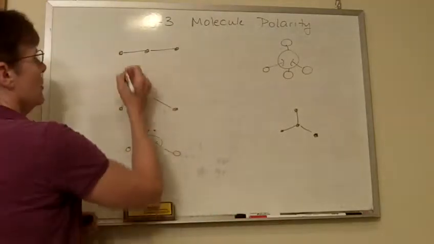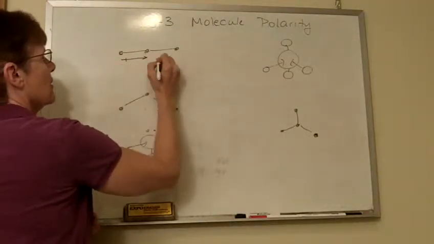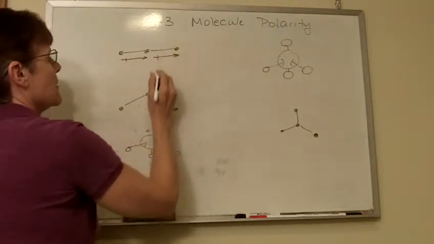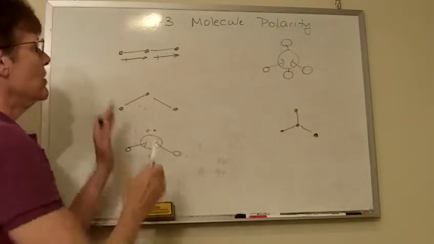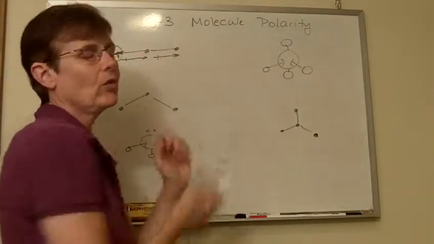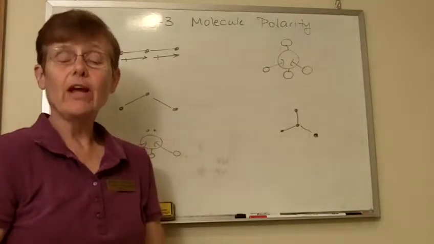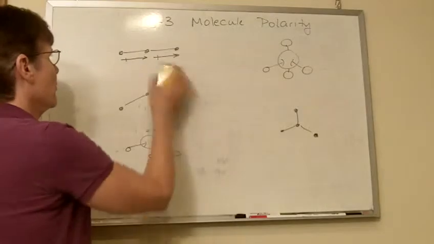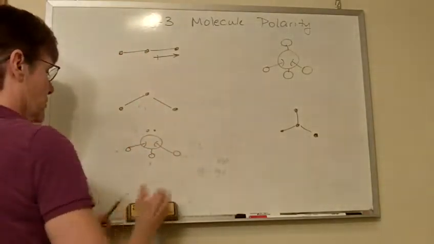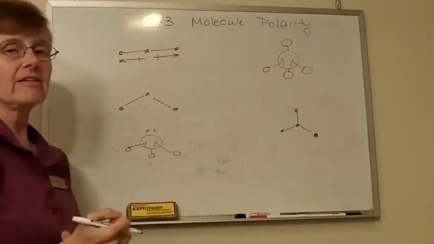So consider a couple of different options. With our linear arrangement here, we might have something like this, where we've got this polar bond and this polar bond, and you can see that the electron shift overall is going in that direction. So in that case, yes, we would have a polar molecule there. Now, what would happen if we turn this around and now we have a bond that's like that?